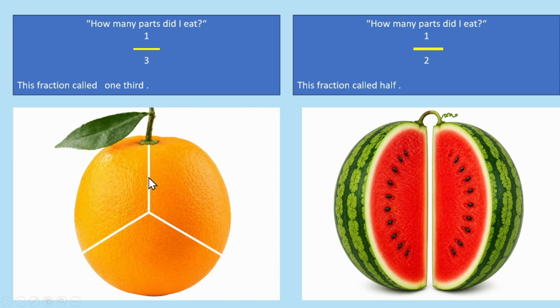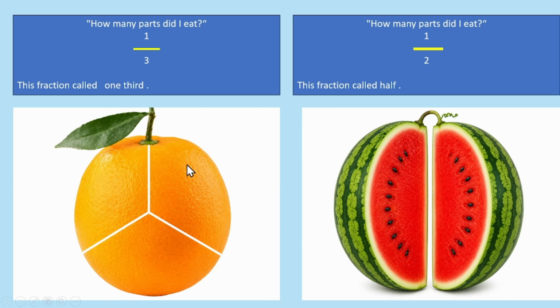If I told you that I bring one orange, then I found two of my friends. So I split this orange into three parts. Everyone has one part.